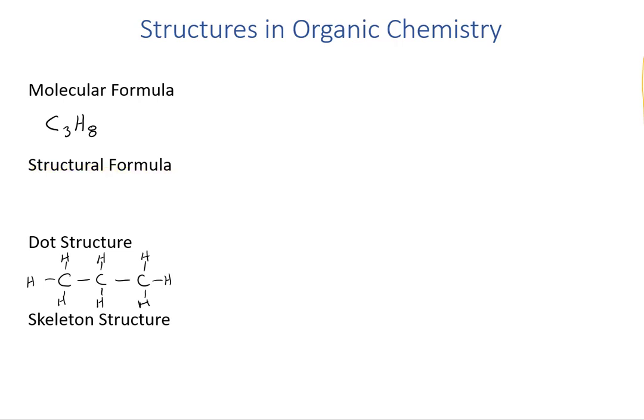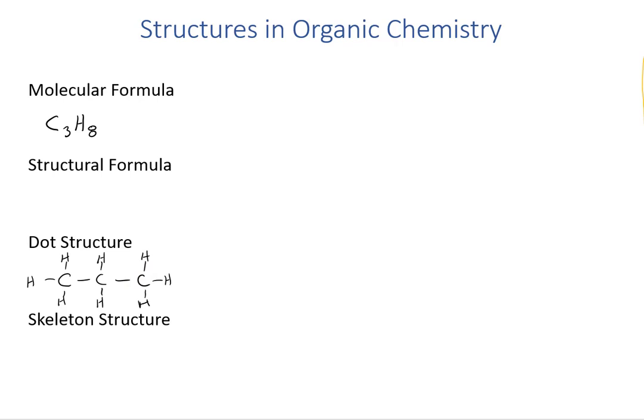First, a structural formula, where we will write something of a hybrid between the molecular formula and the dot structure. So notice that we have a C with 3 hydrogens, the next carbon in the row has 2 hydrogens, and then we come to the end of the row, which again has 3 hydrogens.